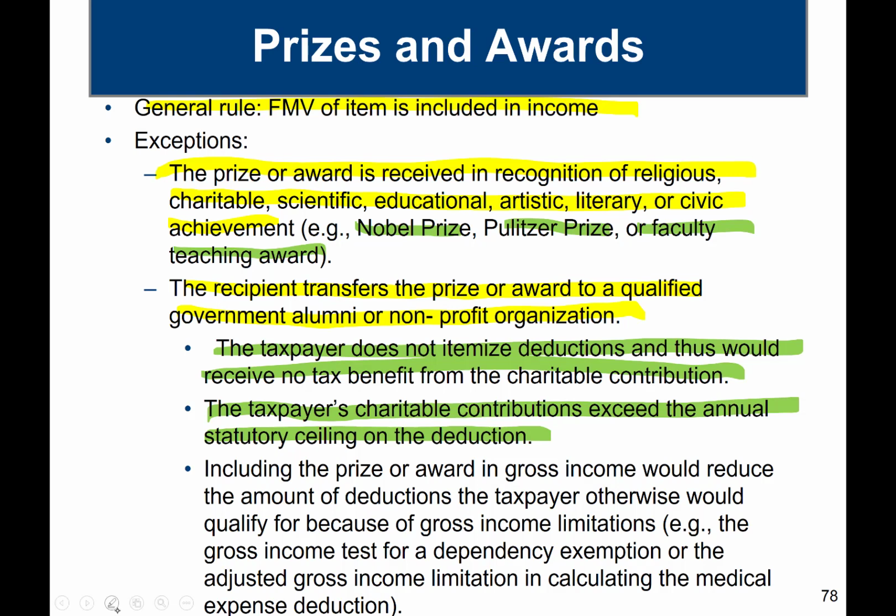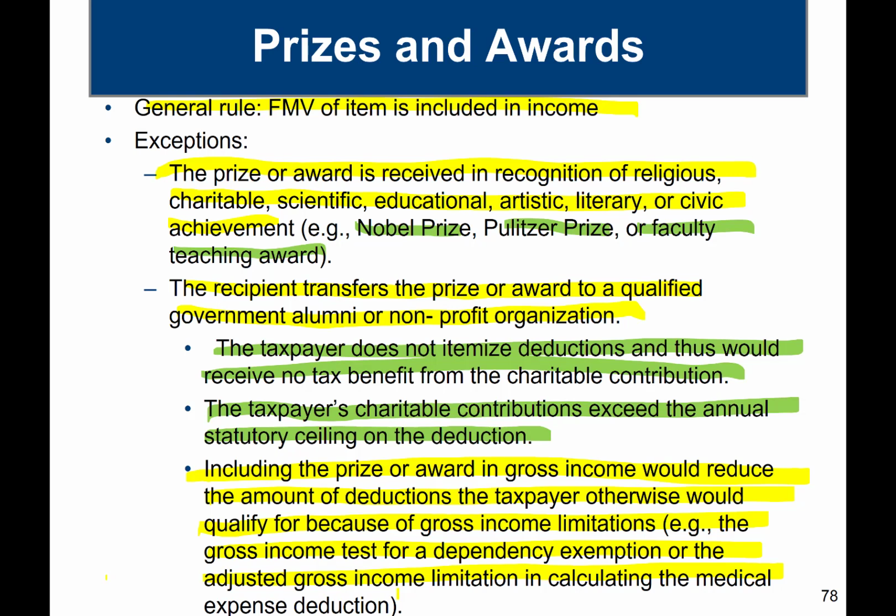Also, and here they kind of help the taxpayer out a little bit, they say, you know what? We'll still let you exclude if you've made the charitable contribution, as we've set up there, or if including the award would cause you to have an adjusted gross income that is too big, that limits your ability for other deductions, such as the medical deduction that's based on AGI.